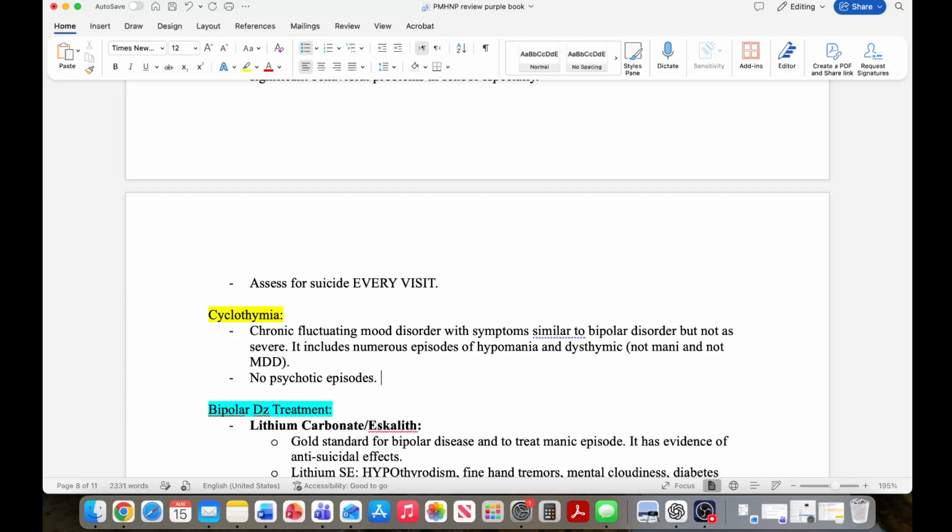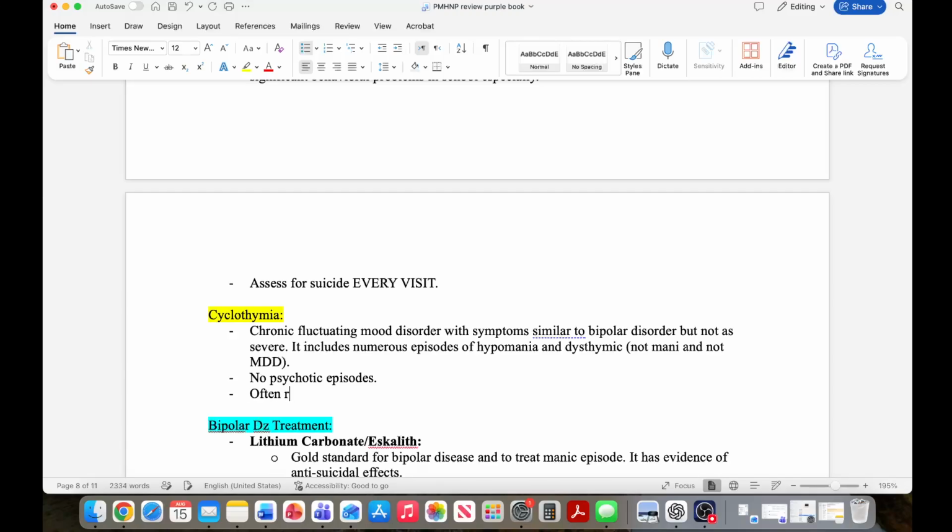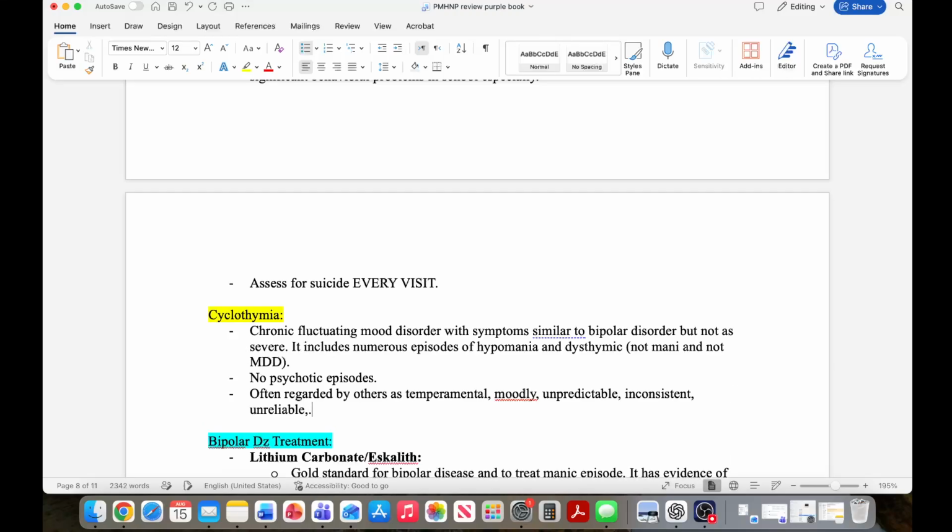Patients, okay, this is kind of interesting, are often regarded by others as temperamental, moody, unpredictable, inconsistent, unreliable. Because the tests might give you a case study of someone who is like that.